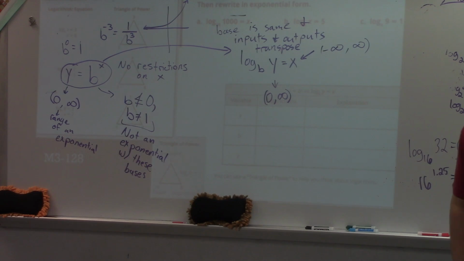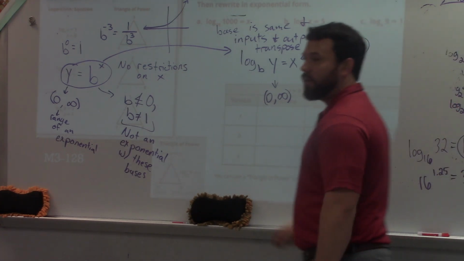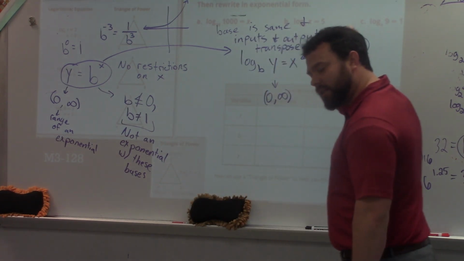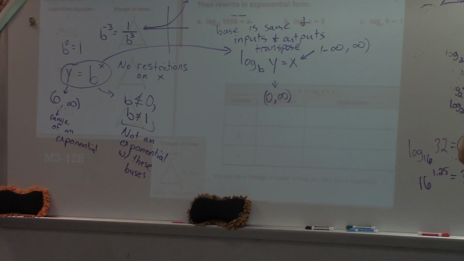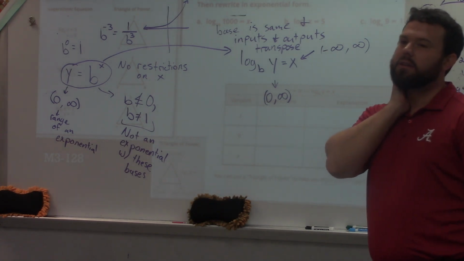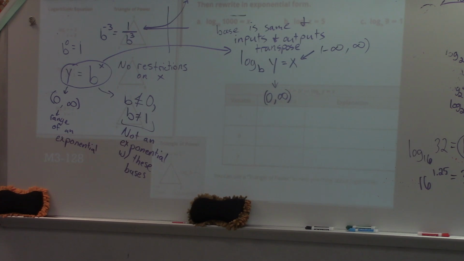I'm legitimately petitioning the state of Alabama, or I'm going to start that process over Christmas break, to change the requirement from Algebra 2 to a data science class or something else, but education moves slowly. Data science would be way more useful. Why is that? Data science is the overlap between understanding statistical processes, a little bit of computer programming, and math. It's all real-world based, and it's about understanding how to collect and analyze data and using technology for that.